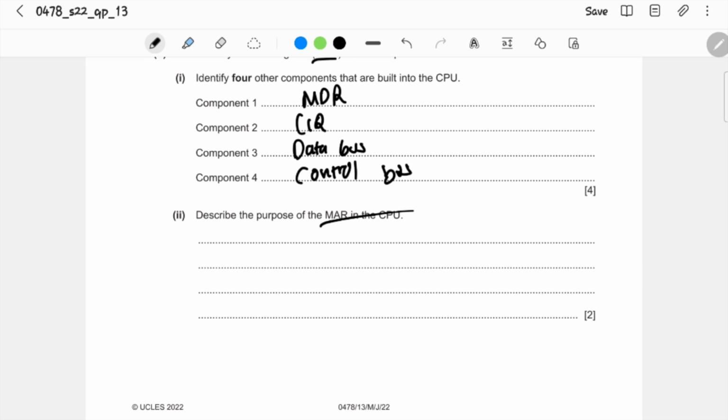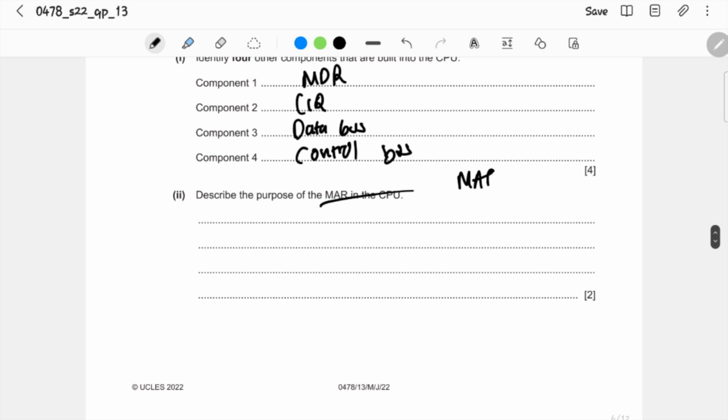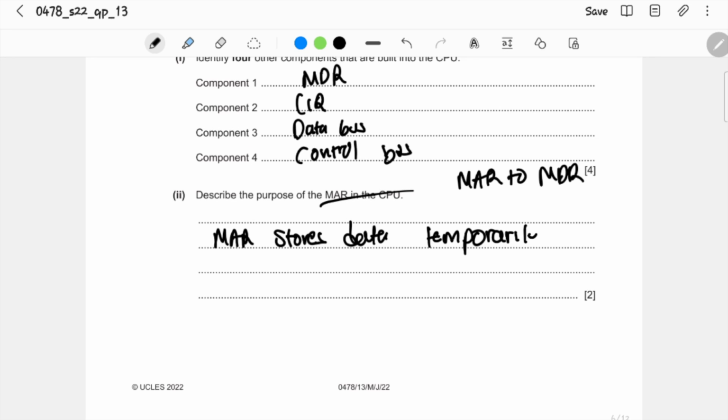Describe the purpose of MAR in the CPU. If you know the cycle, MAR to MDR, isn't it? So the MAR stores data temporarily. Then it sends it to the MDR, or the CIR.